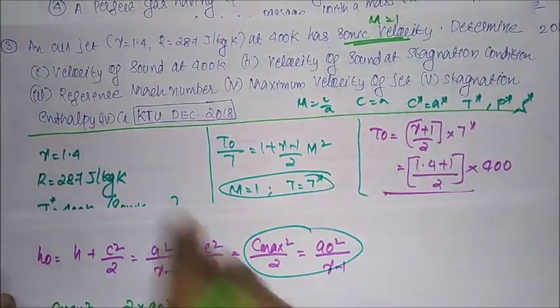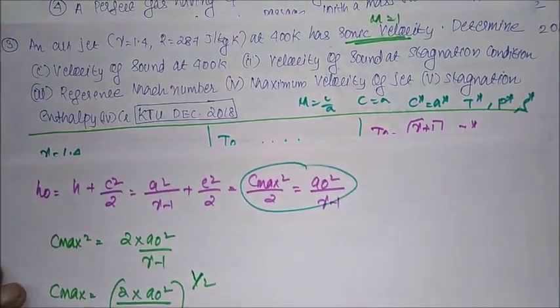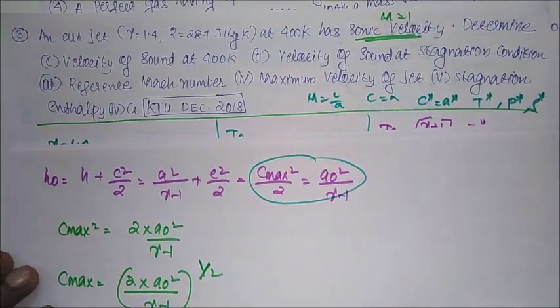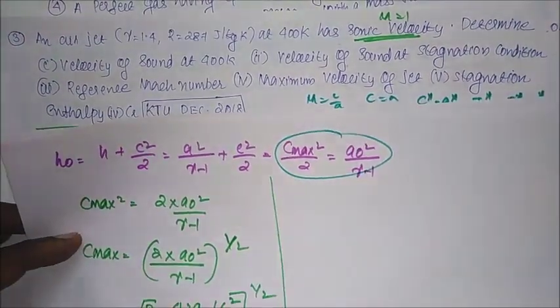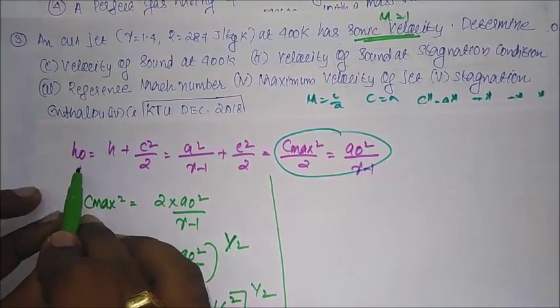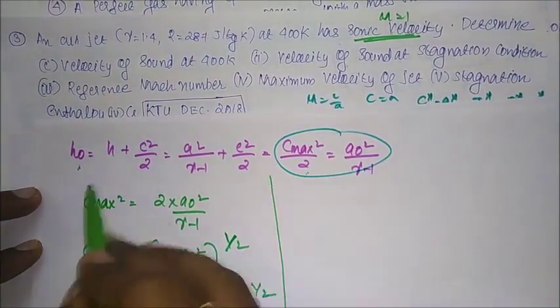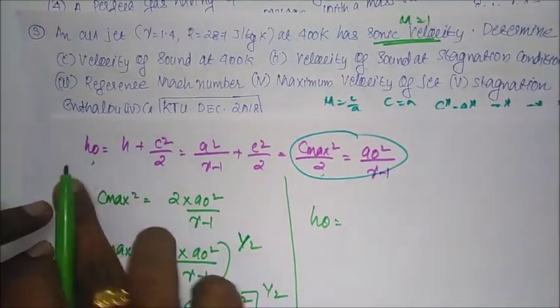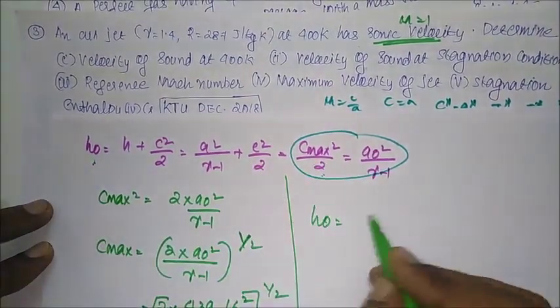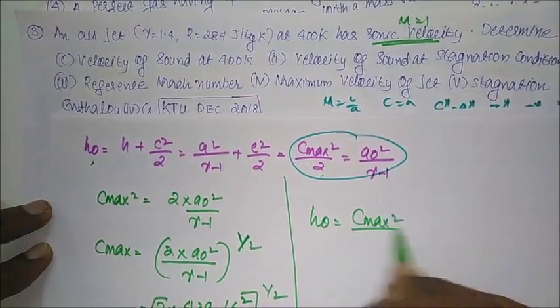Next one, stagnation enthalpy. We have to find out the stagnation enthalpy. We can find the value of stagnation enthalpy by h0 is equal to c max square divided by 2.